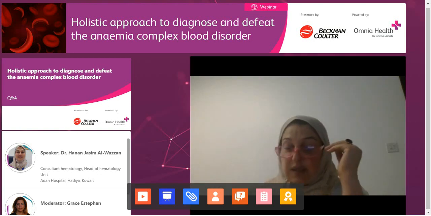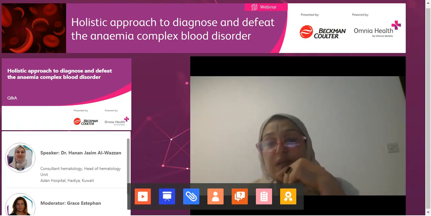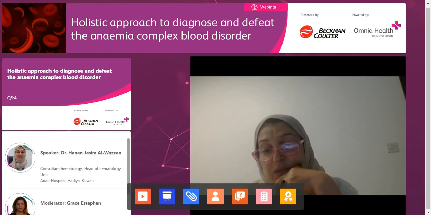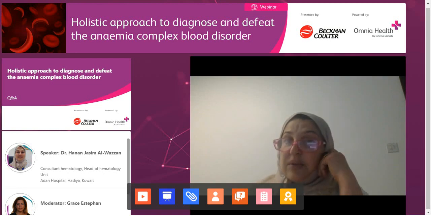It is increased in cases of good erythropoiesis, which is an indicator that there is a good underlying bone marrow and there is no dysfunction. And if it is low, it means there is a deficiency of iron, so there is a reduction in the amount of hemoglobin in the new cells produced, and it is also a good parameter.